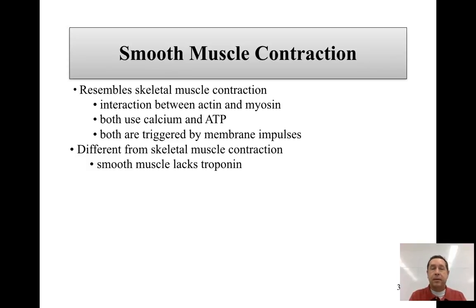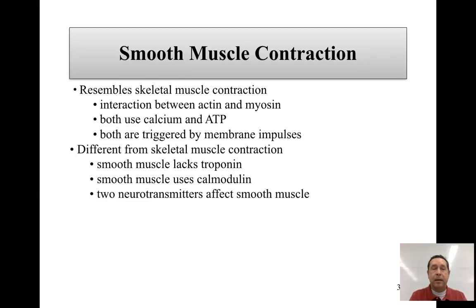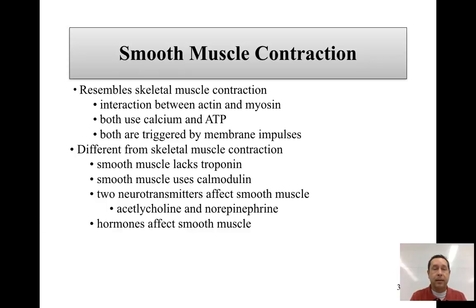Smooth muscles don't have the troponin that the skeletal muscles have. They use a different protein for calcium to bind to called calmodulin. There are two different neurotransmitters that affect smooth muscle as opposed to just acetylcholine for skeletal muscle. So along with acetylcholine, norepinephrine can also affect smooth muscle contraction.